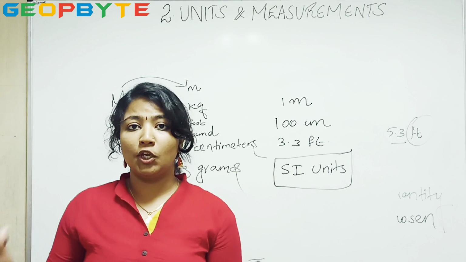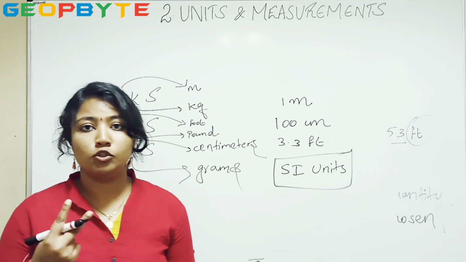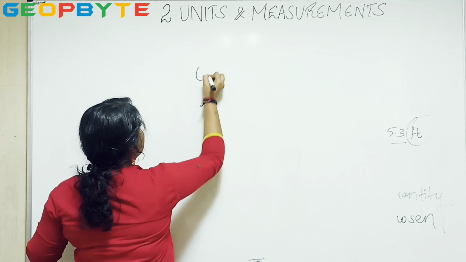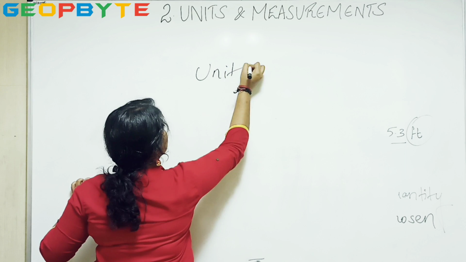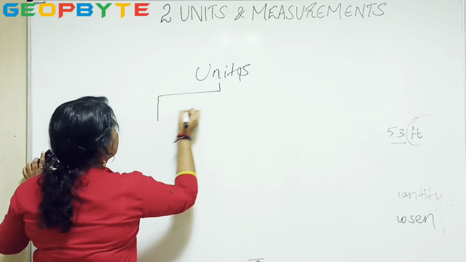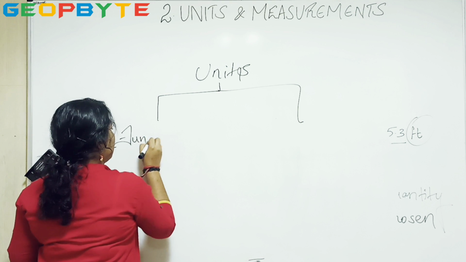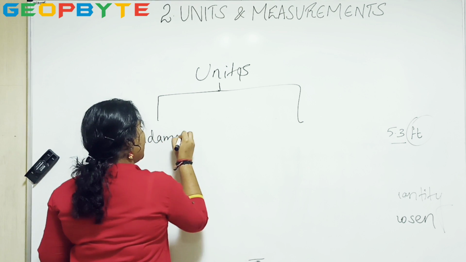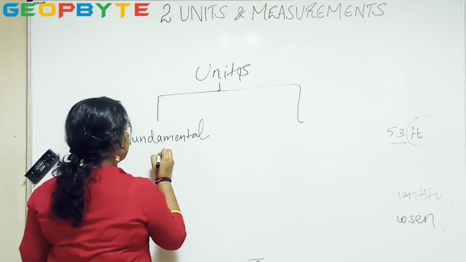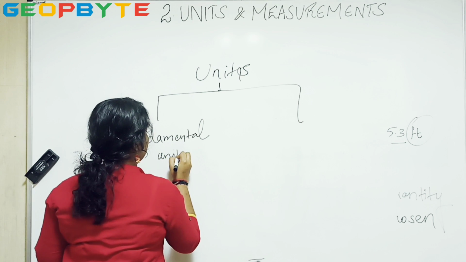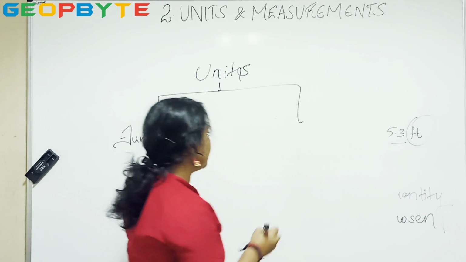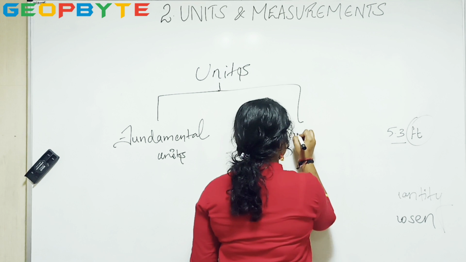Now these units are classified into two. One is fundamental units and the other one is derived units.